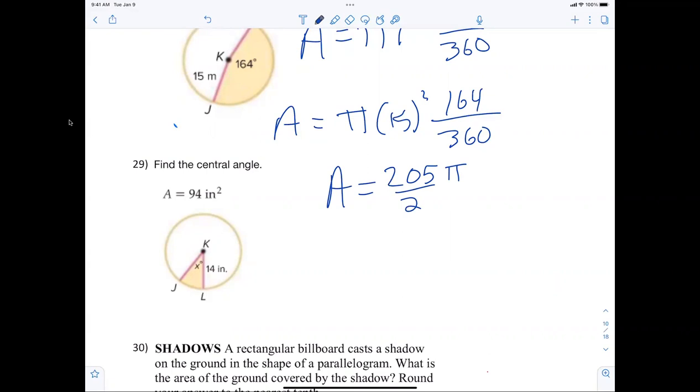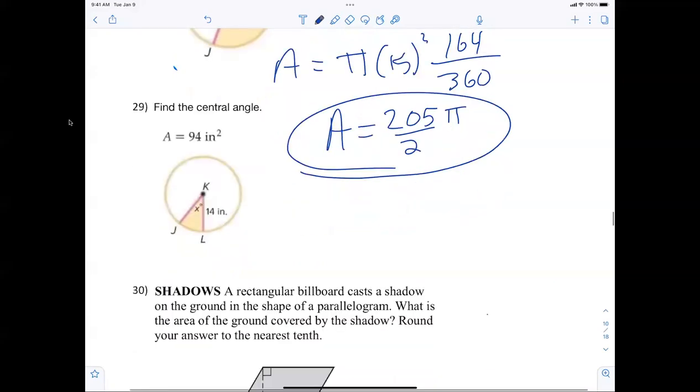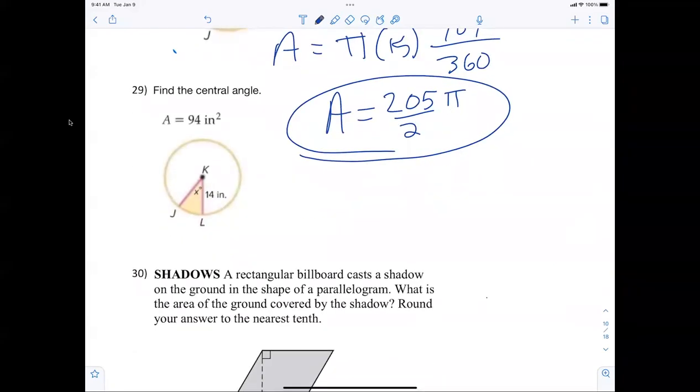No, leave it in terms of pi. All right, if you wanted to say that's 102.5 pi, I'm okay with that. When you can, leave it in terms of pi. Now on number 29, there's no way to leave it in terms of pi. Do you agree with that? I agree with you. Because they don't give, it's not 94 pi.